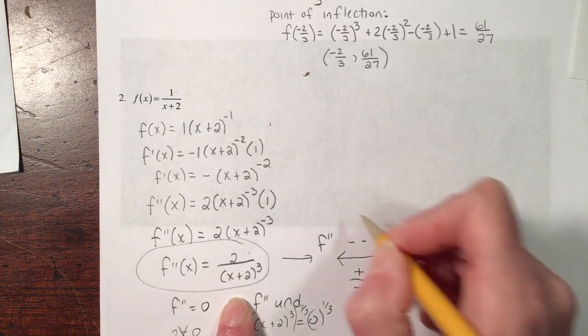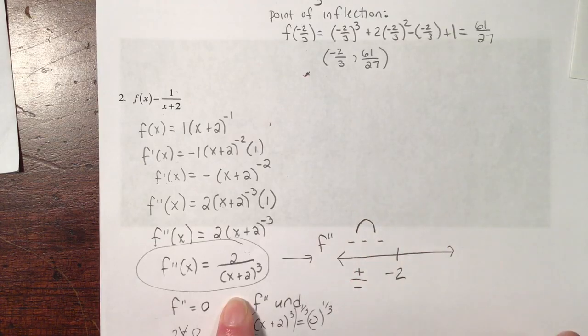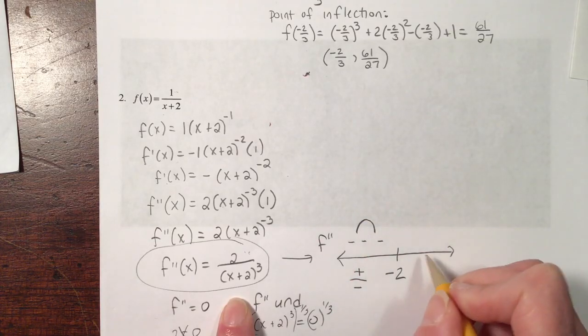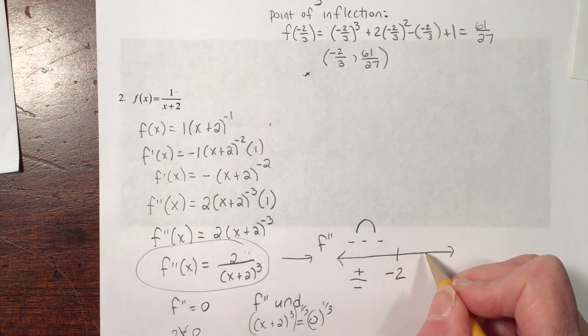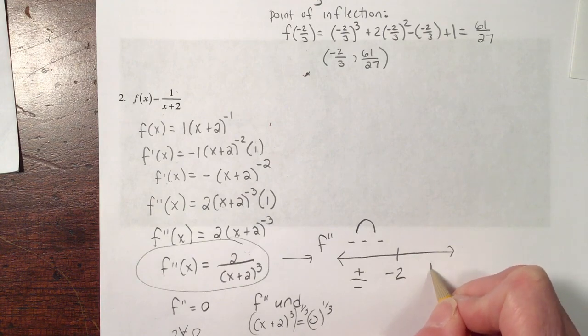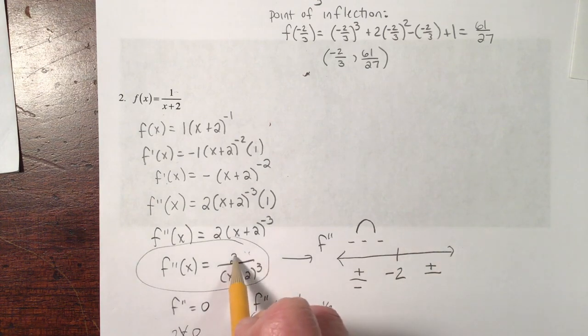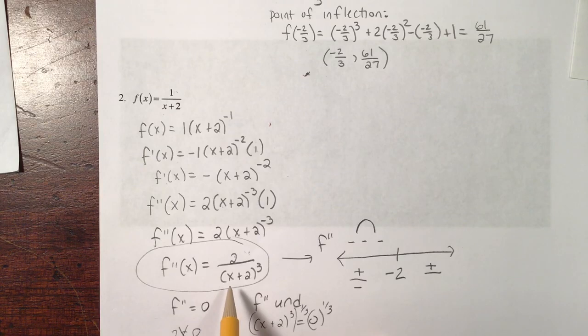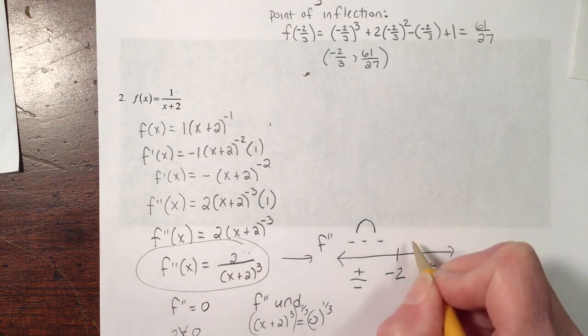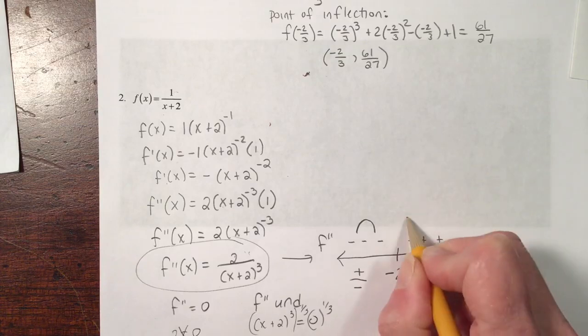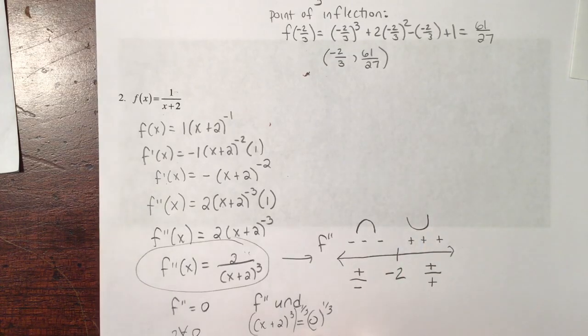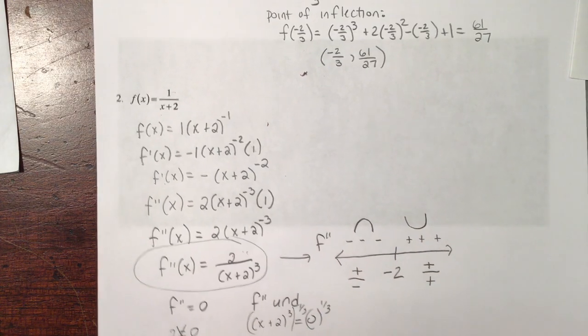So this interval is negative, which means my function is concave down. If I pick a number bigger than -2, my numerator is always going to be a positive value. My denominator, let's say I use 1, cube a positive, get a positive. And your graph is going to be concave up.